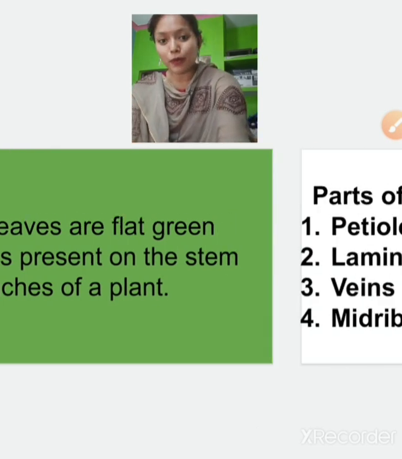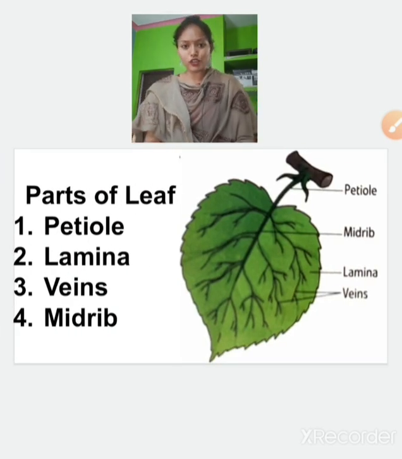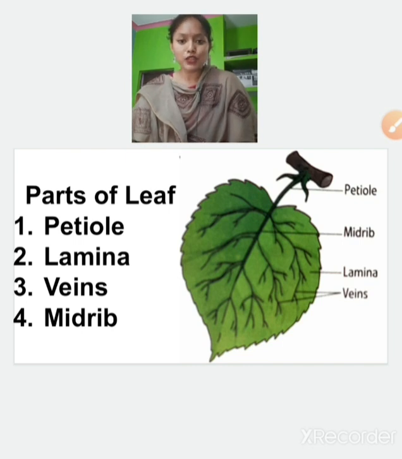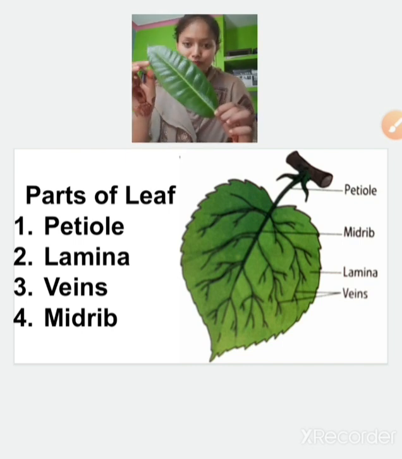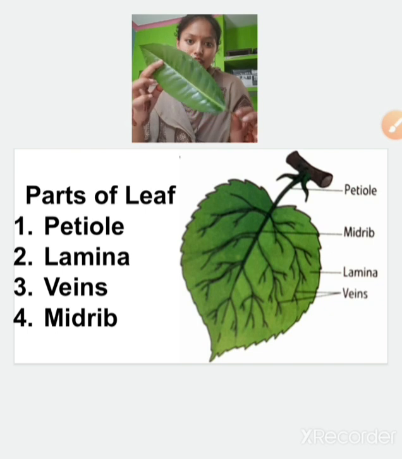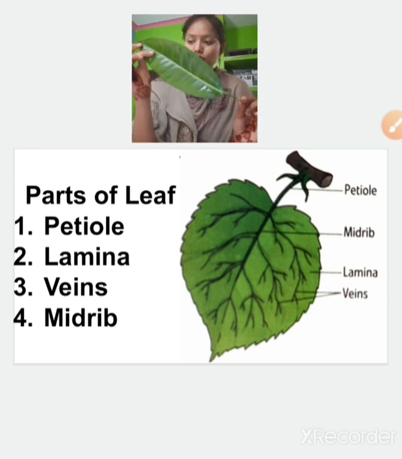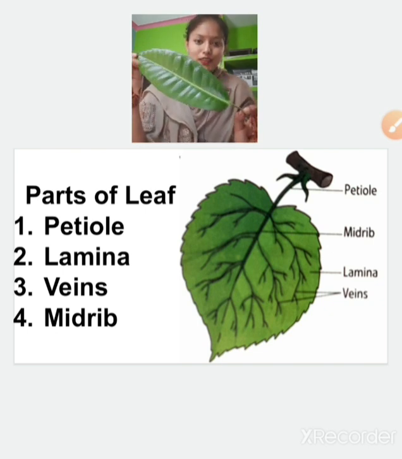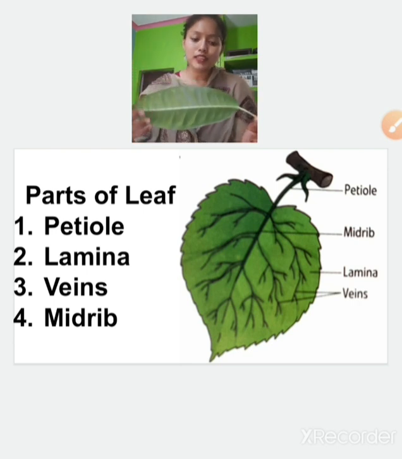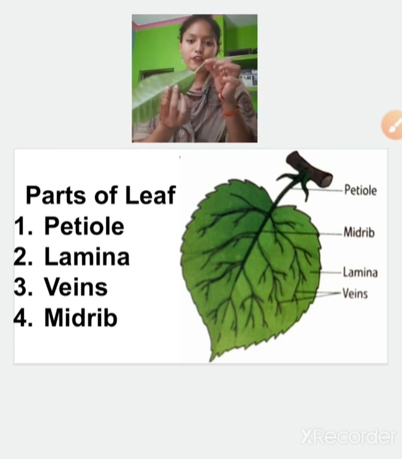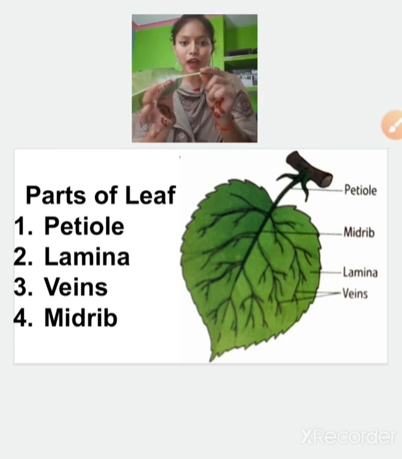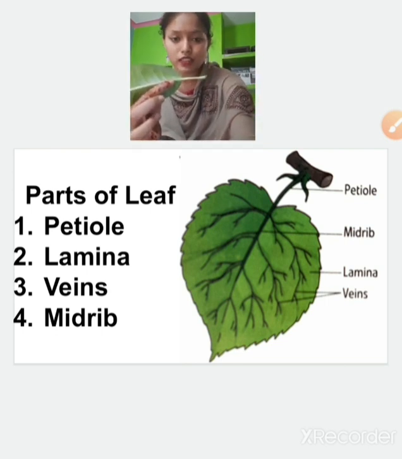Now we'll study different parts of the leaf. As you can see, this is a leaf. Now in this leaf, from the tip to the top, we'll study what each part is.